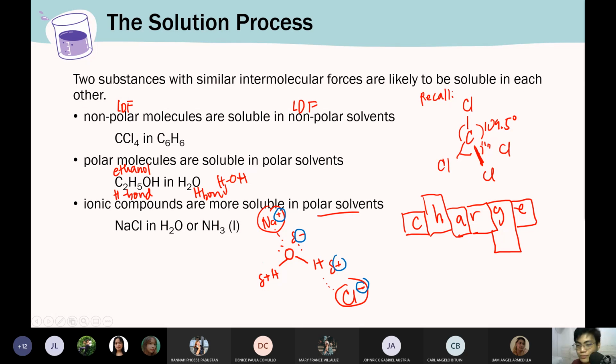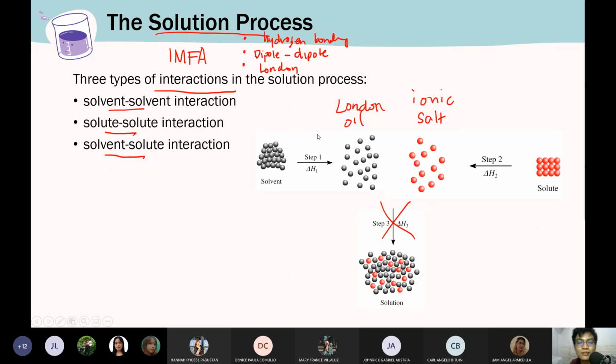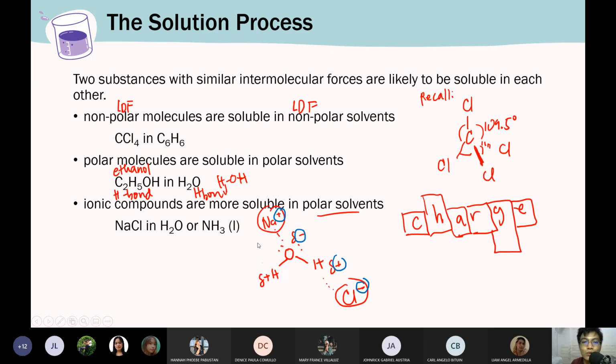So, that is the solution process. Okay? There are many things that you have to consider, but in general, that is just the intermolecular forces of attraction. And ito yung ating mga allowable features for our substances to create a solution. Okay?